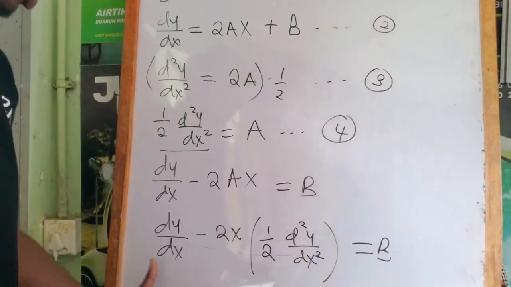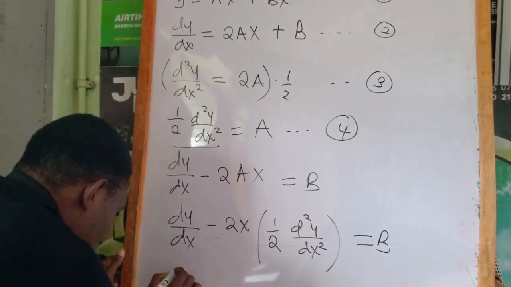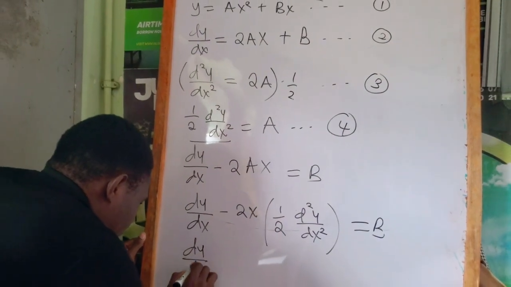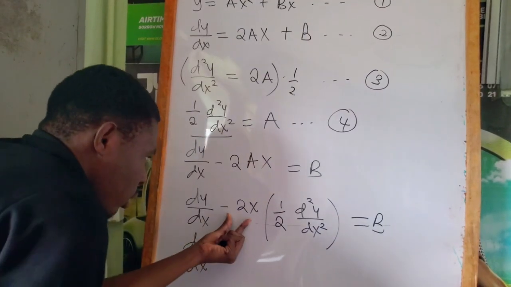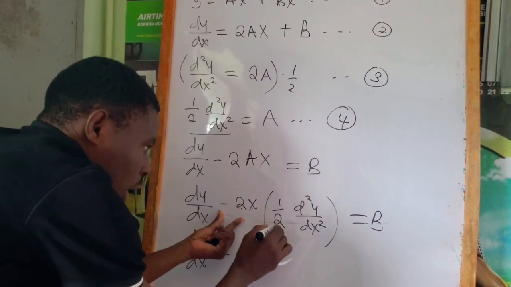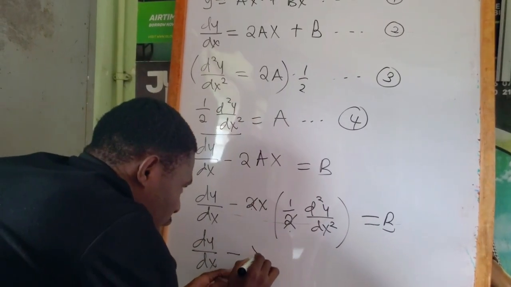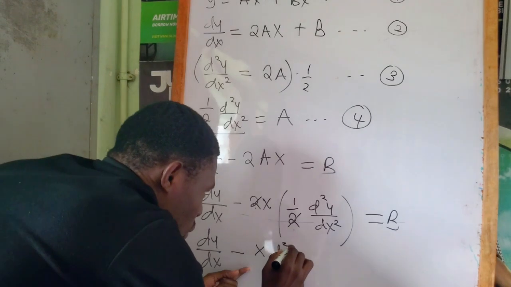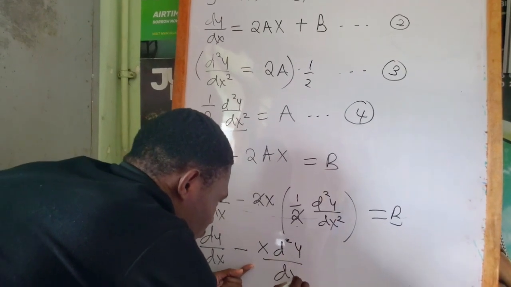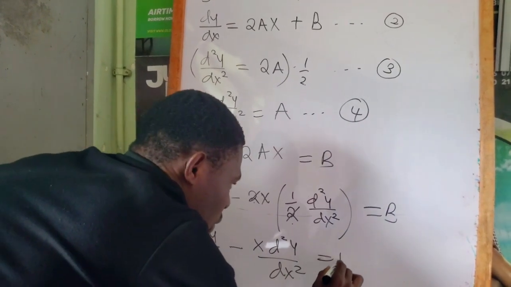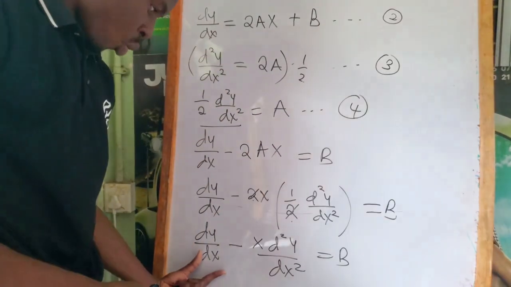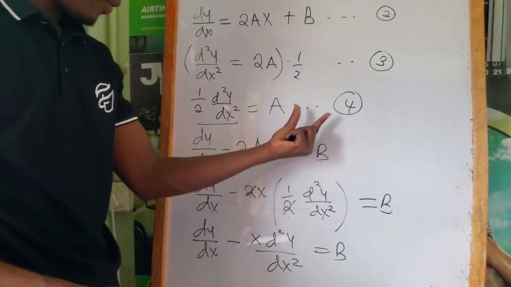All right, so let us clean this up. So we get dy/dx minus, now 2 times 2 will cancel themselves out, leaving you with minus x d2y/dx squared, which is equal to b. Now we have found the value of b, and we found the value of a.